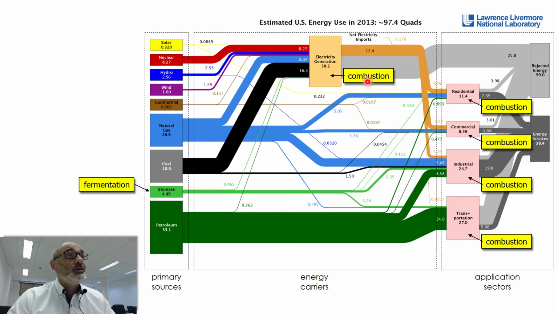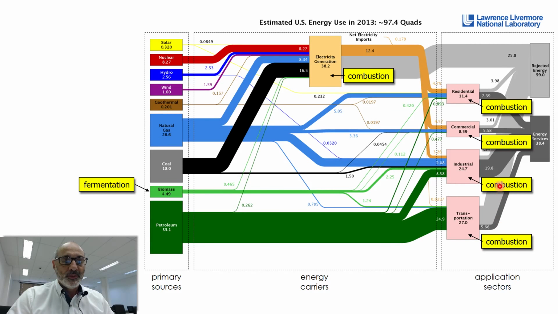So you have combustion here, basically. And also biomass being converted to some kind of fuel for the transportation sector. And here you have, for instance, fermentation, which can be seen also as a biochemical reaction. So you have chemical reactions in many of those places.